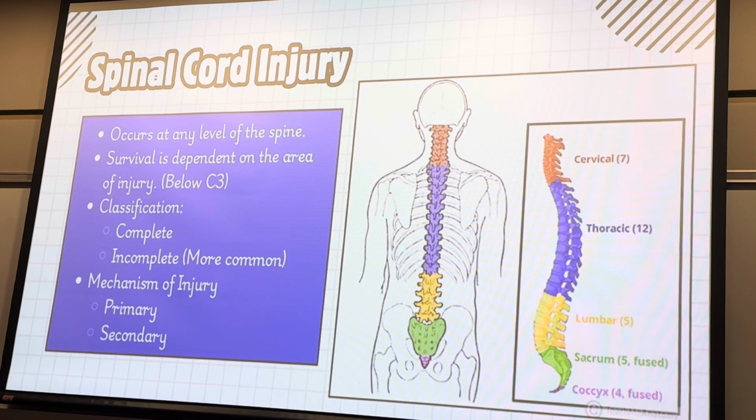Now, mechanism of injury. Another way we can classify it. Primary injury, that's that direct force, that direct impact to that spinal cord. Secondary injury is going to be the secondary effects related to the injury.